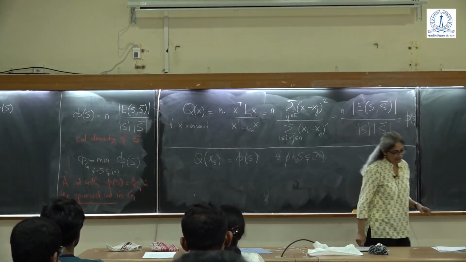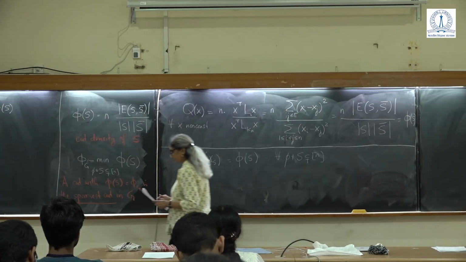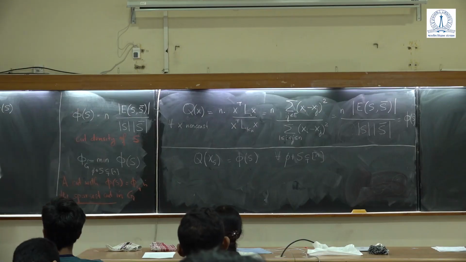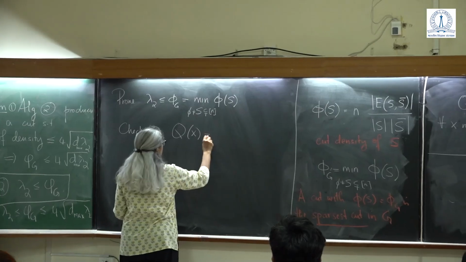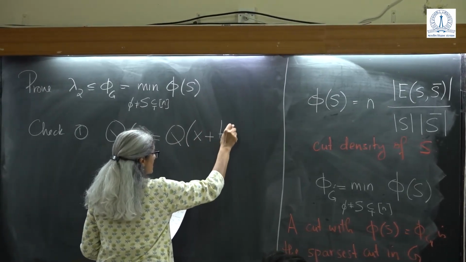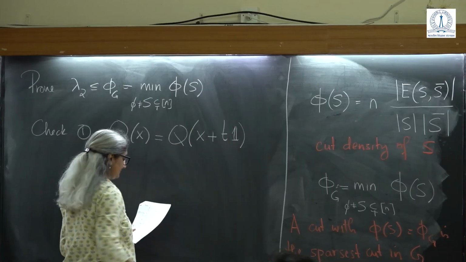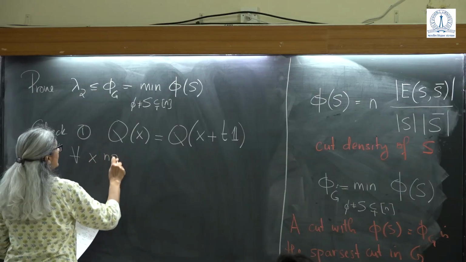So can you check this, that Q of x is equal to Q of x plus any multiple of the all ones vector, for all x non-constant.